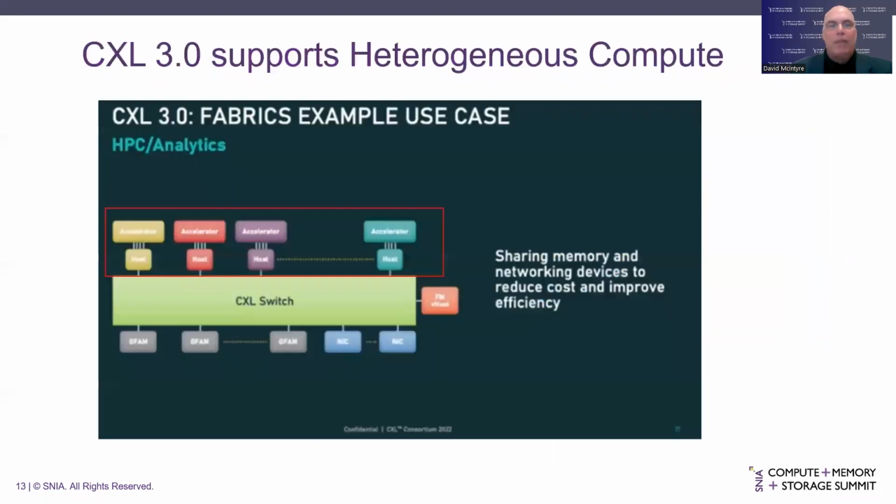And then CXL 3.0 provides the opportunity of supporting this heterogeneous compute that we've been talking through this presentation about. And so having that CXL switch now allows us to access memory pooling and memory tiering across multiple accelerator types. And that's really exciting.